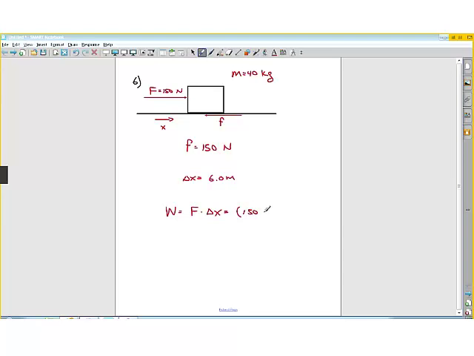So you have 150 newtons times delta x, which is 6 meters. And you multiply this together and you get 900 newton meters. Now, a newton meter is a joule, so we can just rewrite that in another unit. It's not a base unit, but it's a derived unit.